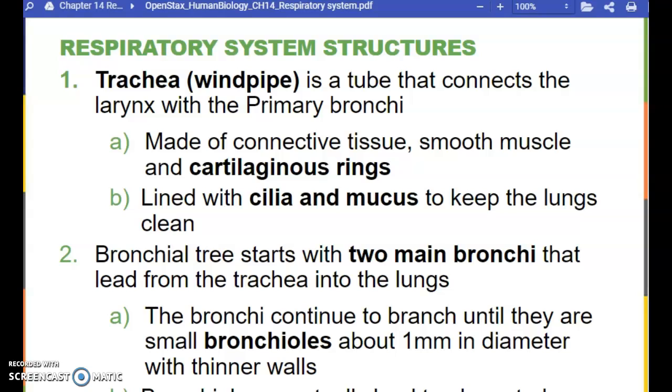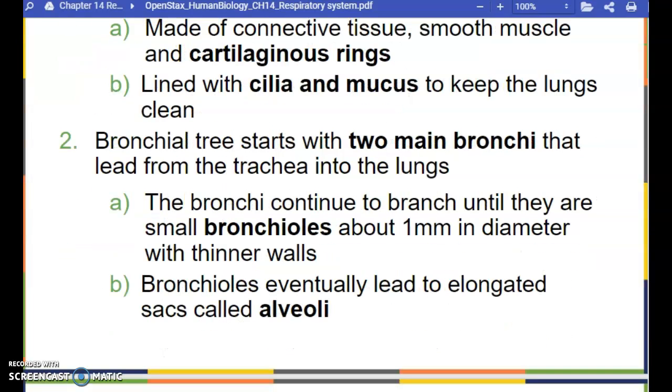It's literally like tiny flecks of rock, and it will clog those alveoli, and people can die very quickly from that. There's no way to clean out dust like that once it has gotten deep into the alveoli. So cilia and mucus have really important jobs in the lung, and whenever you're working with something that shouldn't be in the lungs, you should wear a mask or a respirator, depending upon what it is.